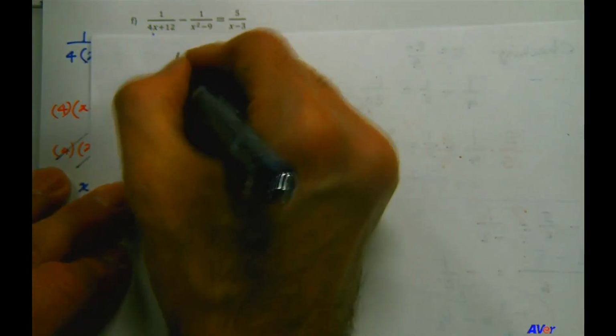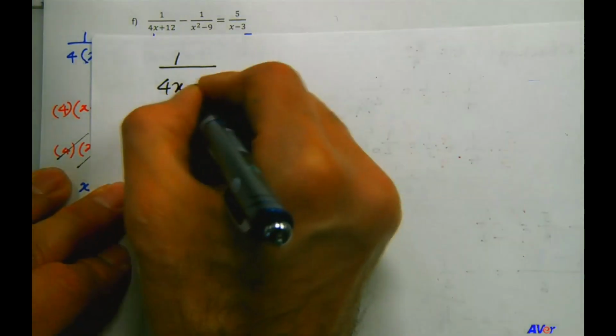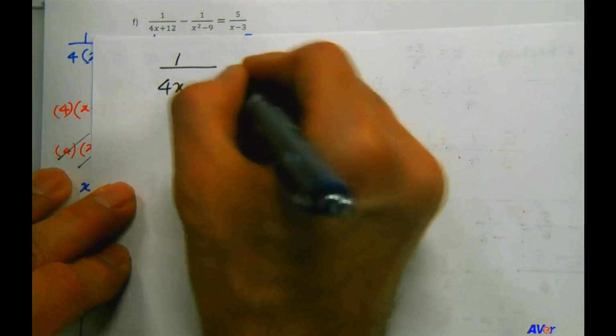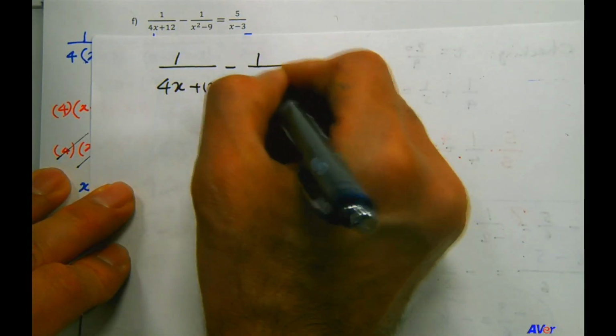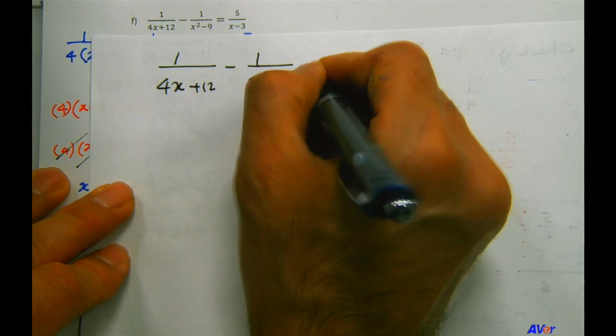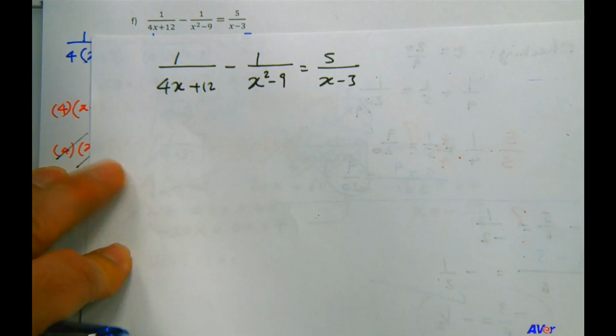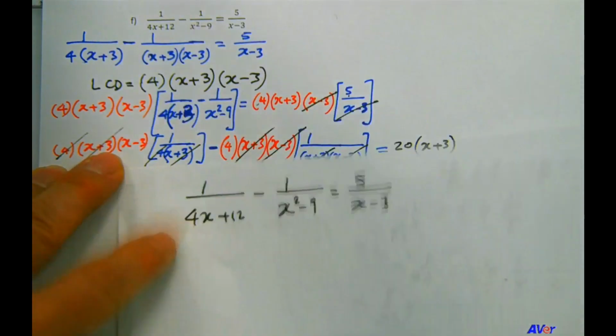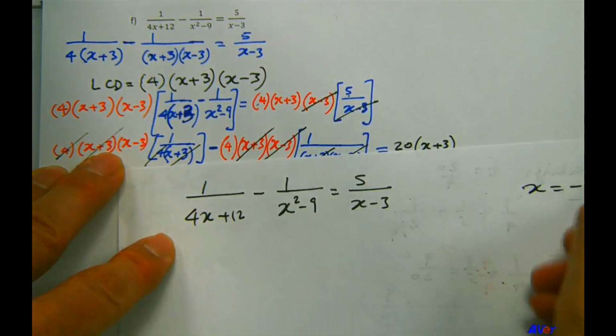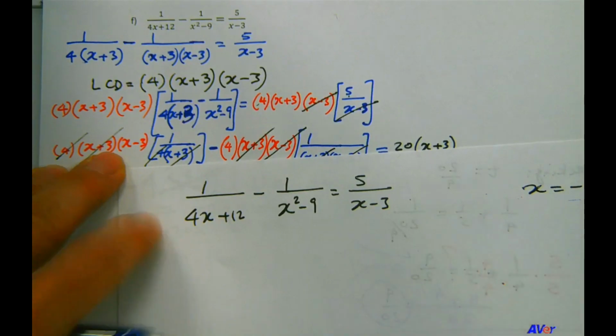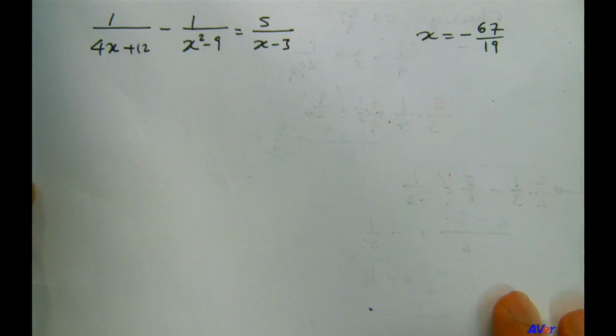The original equation is 1 over 4x plus 12 minus 1 over x squared minus 9 equals 5 over x minus 3. So our answer is that x should be minus 67 over 19. So let's check that. Okay.